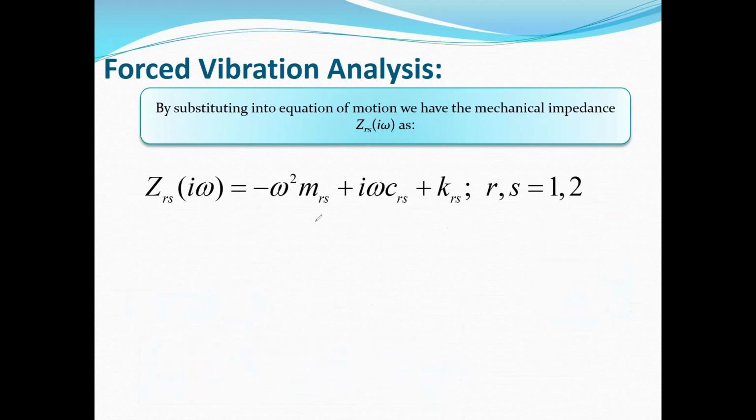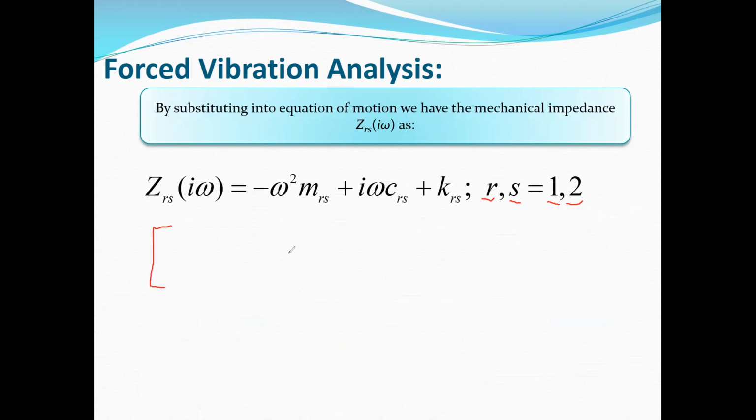If we define the mechanical impedance according to the matrices M, C, and K, it will have four components, where r and s are equal to 1 and 2. It means that this is a matrix with four components.